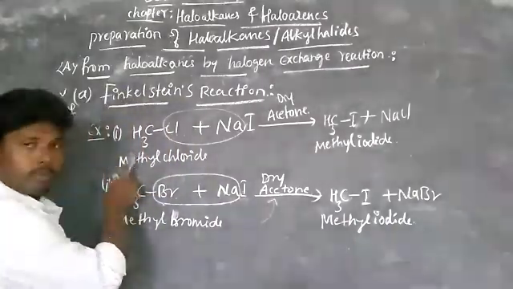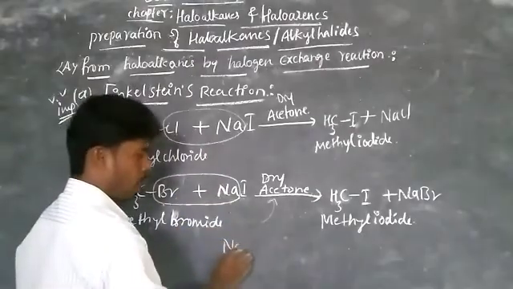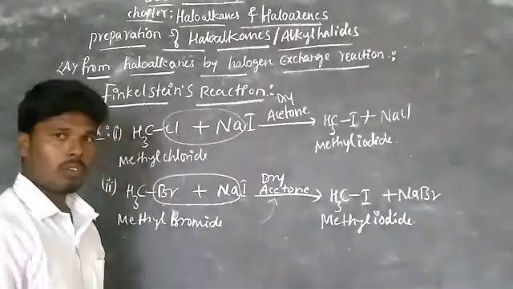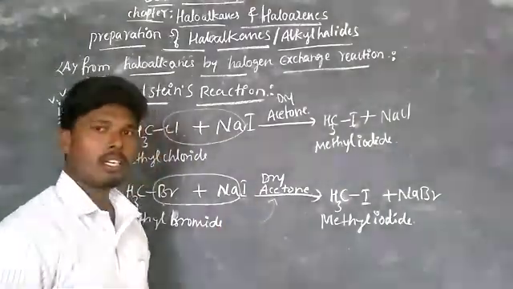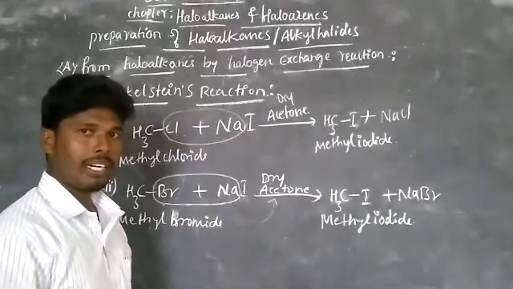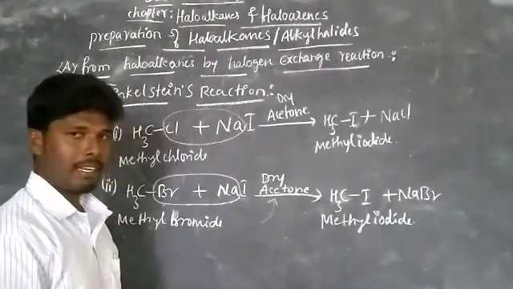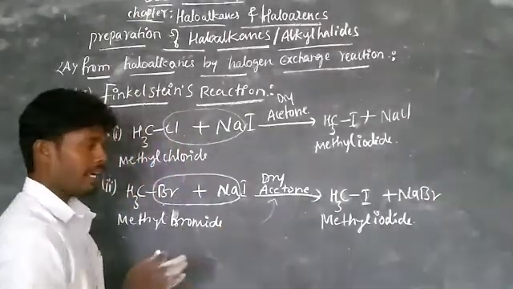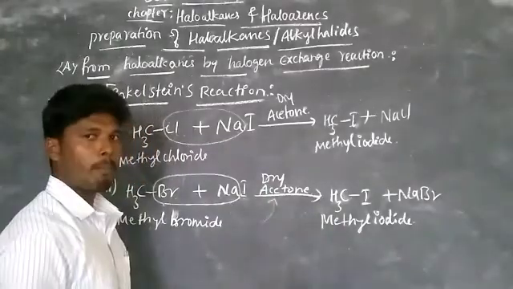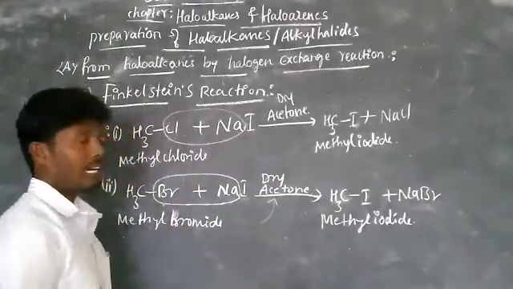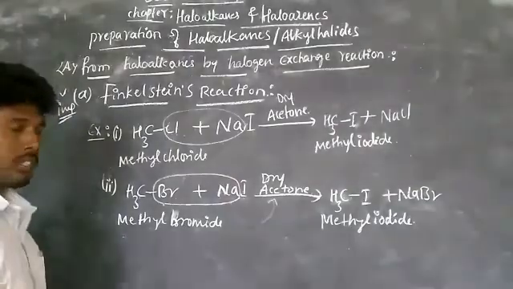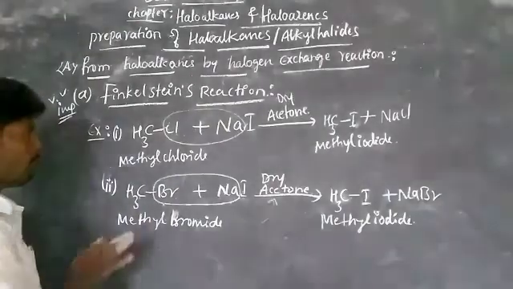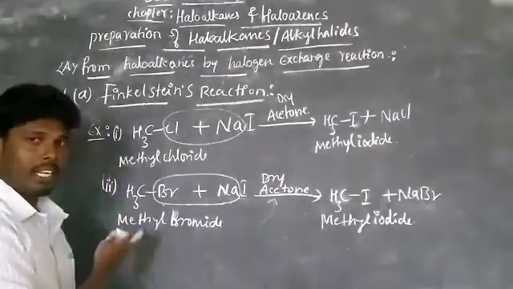However, sodium bromide, NaBr, or sodium chloride cannot dissolve in dry acetone. So according to Le Chatelier's principle, the forward reaction proceeds more, hence we get iodide compounds of alkanes, called alkyl halides. This is very important. They will ask in the exam. You should write these two examples or any one.